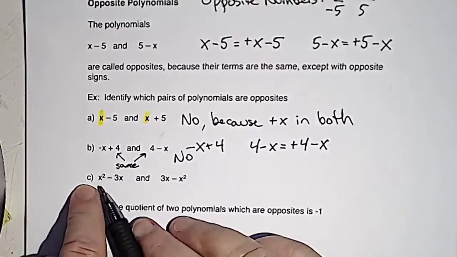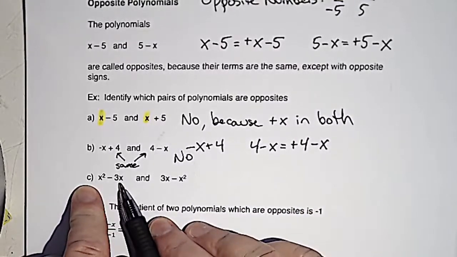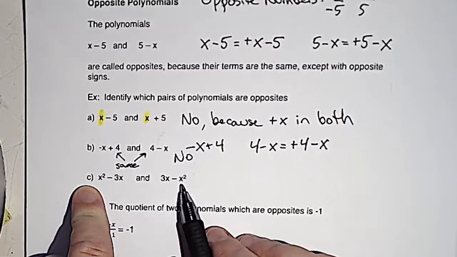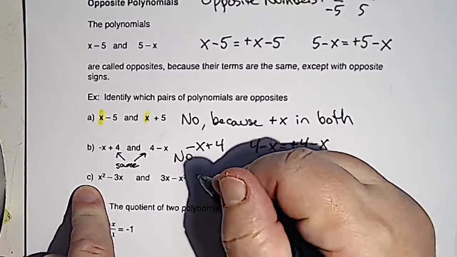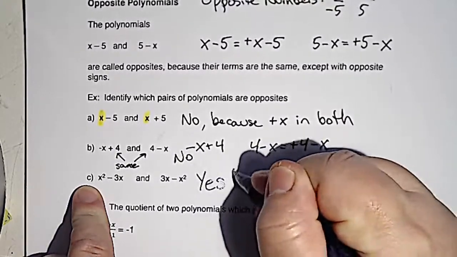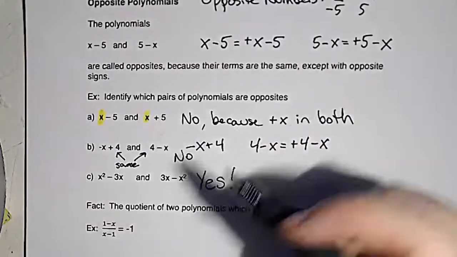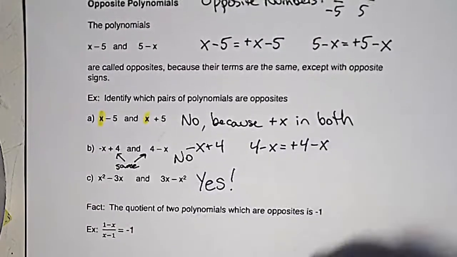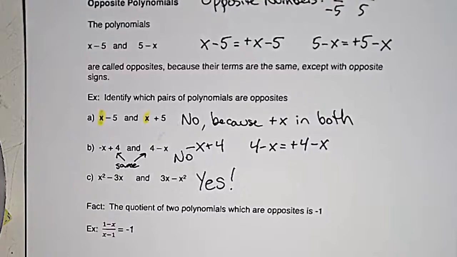Now, what about this one? x squared minus 3x and 3x minus x squared. You got it. This one is the real deal. Yay! So it's a no, and a yes. Awesome. So why do we care? Well, here's the cool thing.